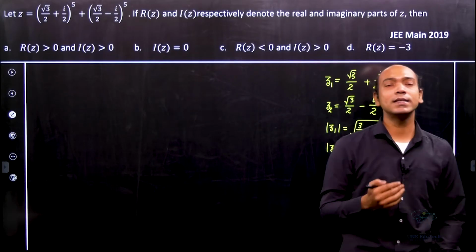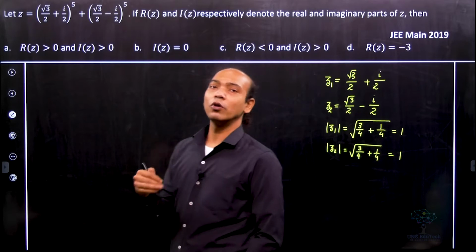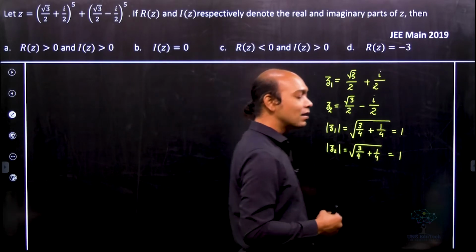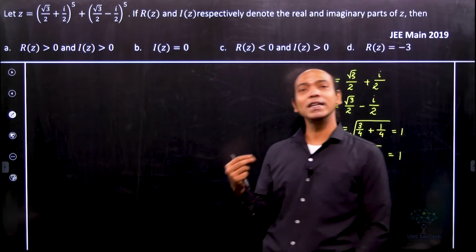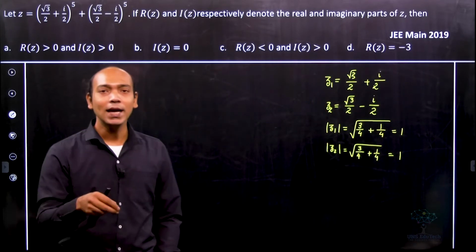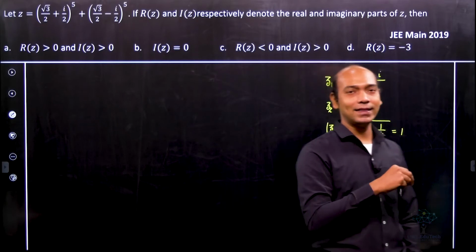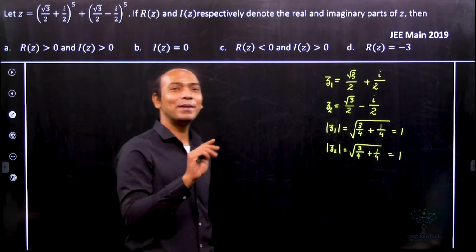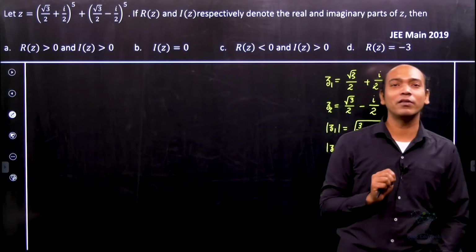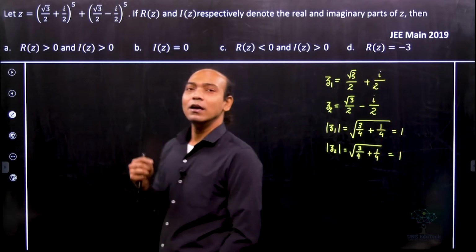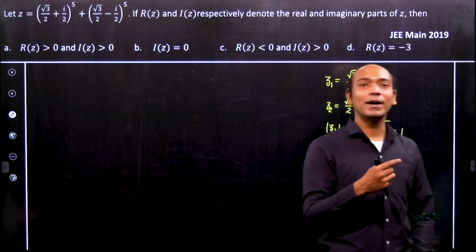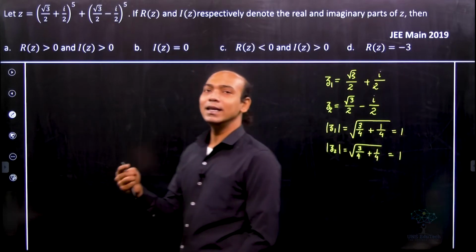So z1 and z2 are two complex numbers with modulus 1. Therefore, these two complex numbers can easily be represented in the form e to the power i theta, or cos theta plus i sin theta. So let's write that down. With basic class 9, 10 trigonometric ideas, we know that root 3 by 2 is cos of theta where theta is pi by 6, because cos 30 degrees is root 3 by 2.